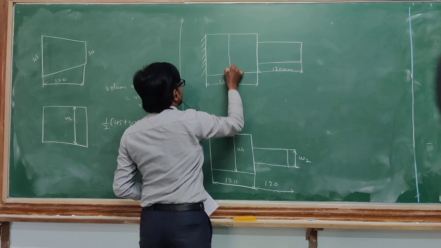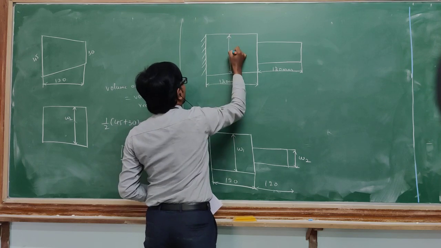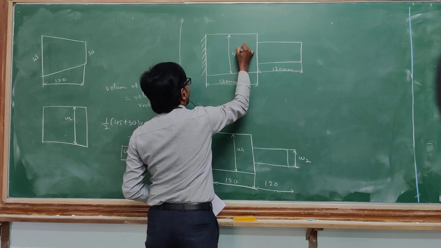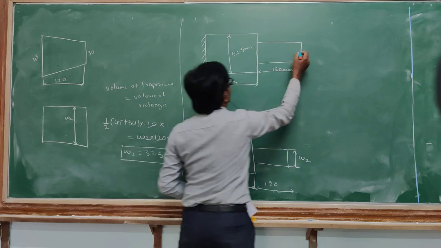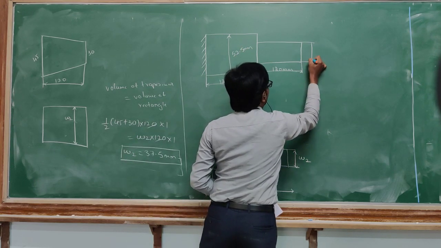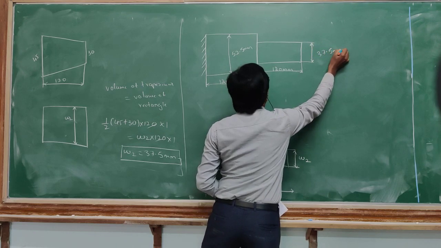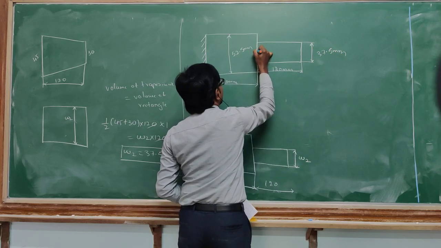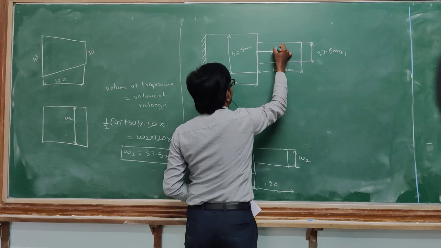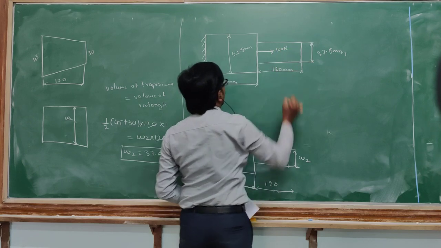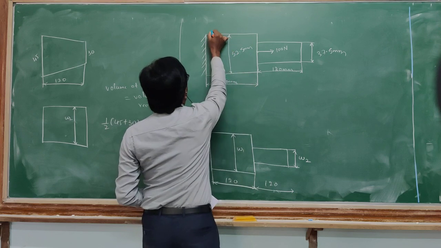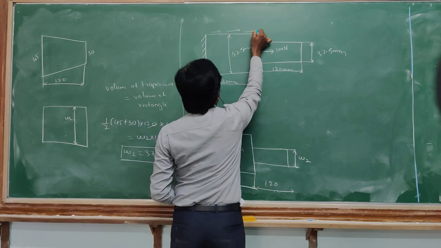The width of this is 52.5 mm and the width of this is 37.5 mm. Okay, so when you see here at this particular point there is a load acting which is of 100 Newton, as well as there will be a body force which is acting here.